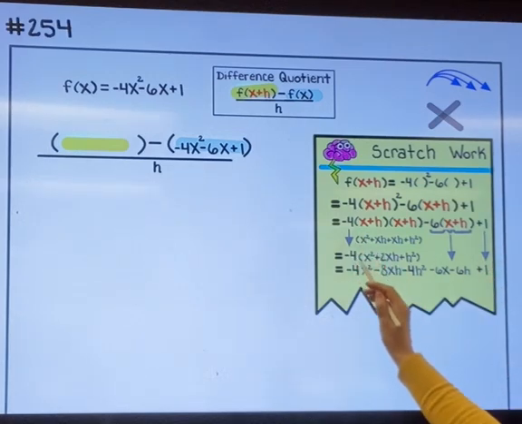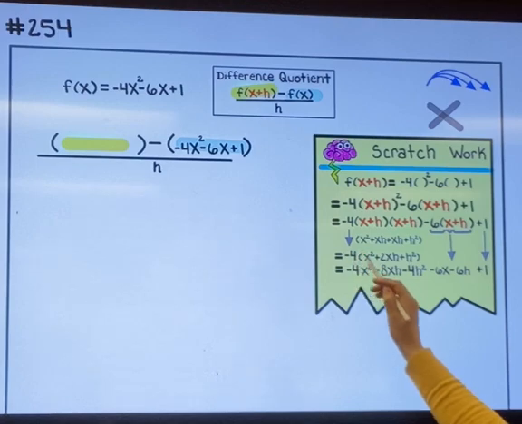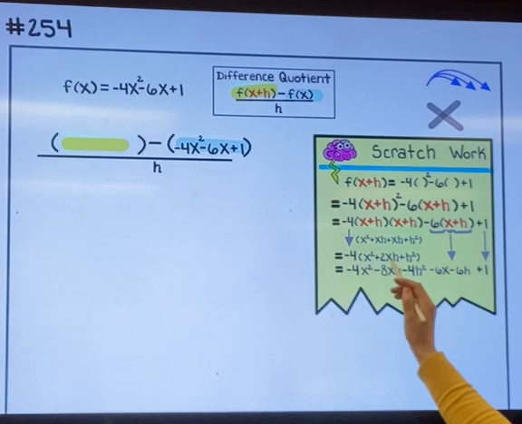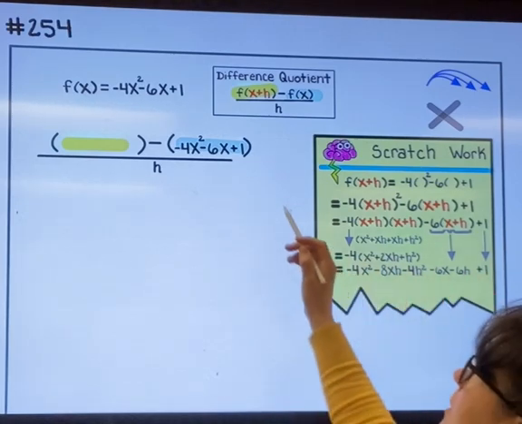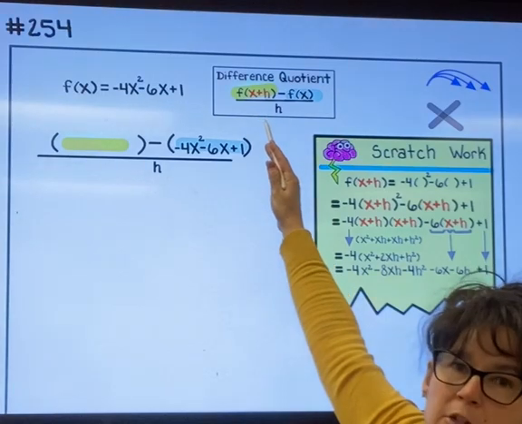Now from here to here, I'm distributing the negative 4 through, so negative 4 times x squared, negative 4 times 2xh, and negative 4 times h squared. Now finally, if there is something in common, we could combine them, but everything here is different. We don't have any like terms. So all of that is the answer to f of x plus h.